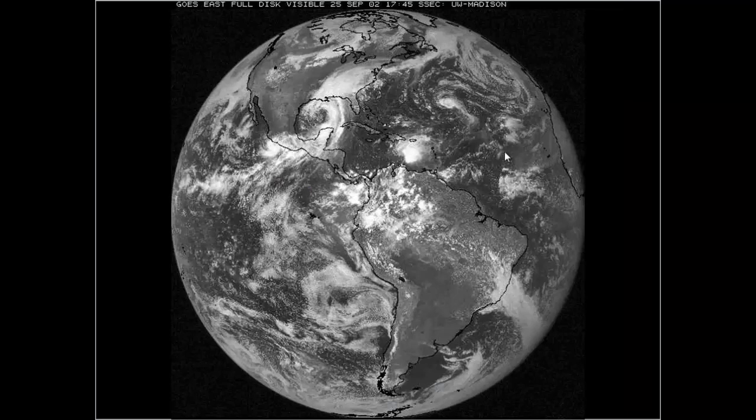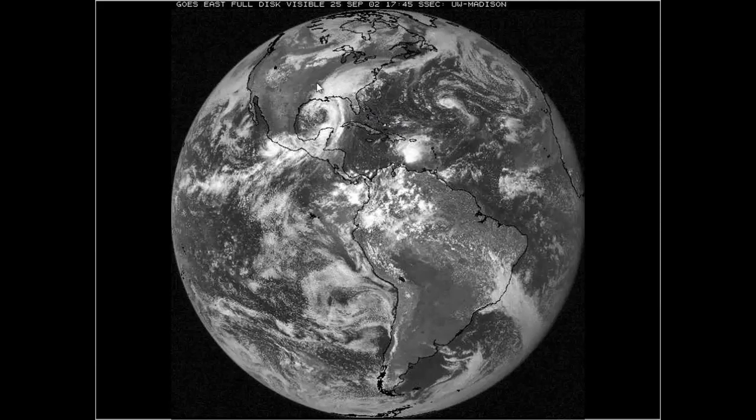This is the basic visible satellite picture, the full disk image that all weather satellites have been taking since the early 1960s. We take one of these full disk images every 2 to 3 hours, and the rest of the time the GOES East satellite is focused in more on North America and various sectors of the tropics, and also the United States.